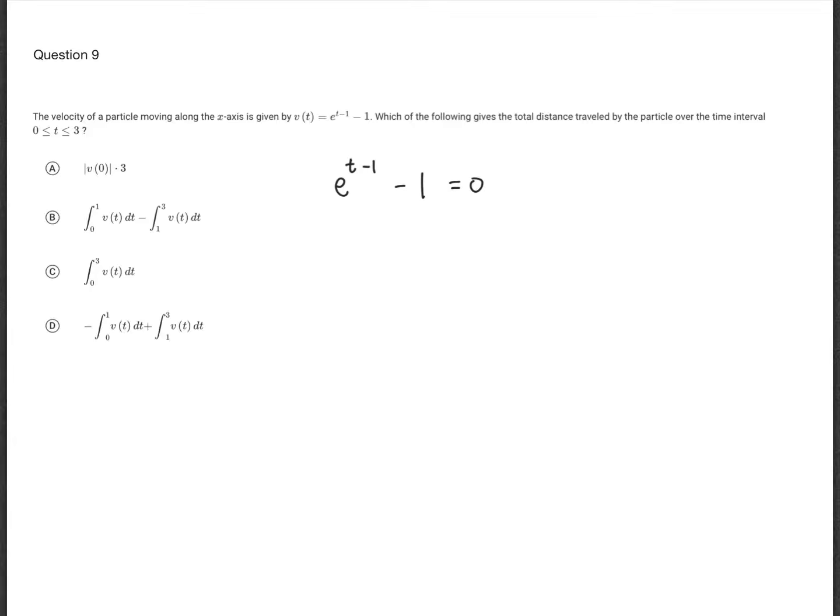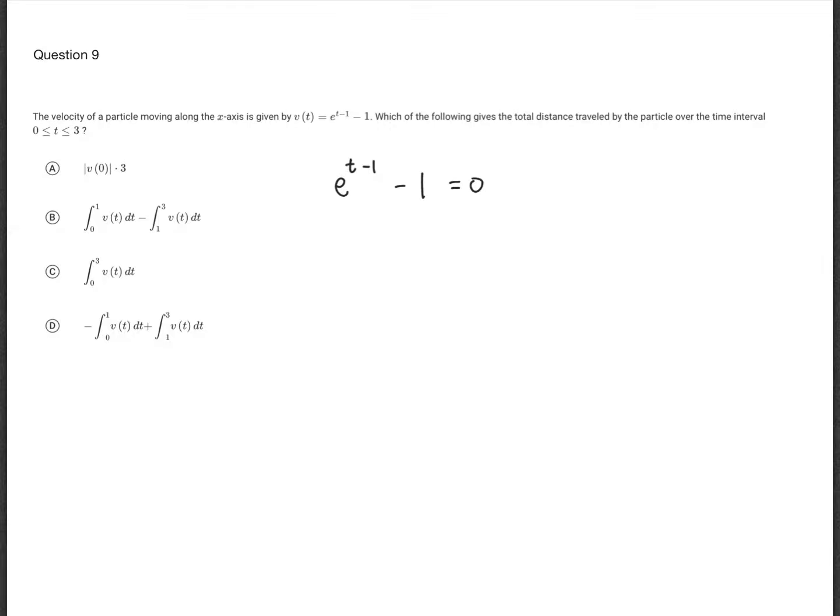So this is going to be 0 when this is 1, and this is an exponential function. Exponentials are 1 in general when the exponent is 0. And we can see when t is 1, that makes this exponent 0, which makes this 1, which makes this whole thing 0.